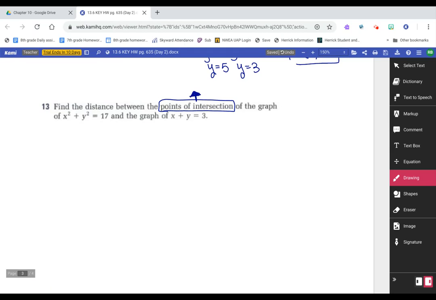So you're going to solve, this is very much like solving the one we just did for letter C, but they want to know the distance between the two solutions, the points where they intersect. So just to refresh, the distance formula is that long square root sign, x2 minus x1 squared plus y2 minus y1 squared.